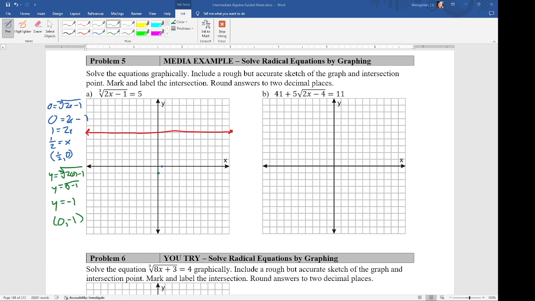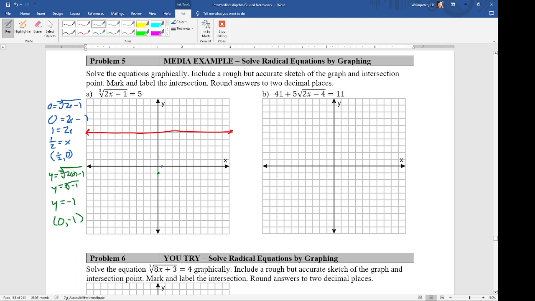Now I want a really accurate graph. So I'm going to pull up Desmos. I know you can't see me, but I promise I am doing it. And I'm putting this in Desmos. And it looks like it's not going to cross 5 for a very long time. But I'll still graph this.